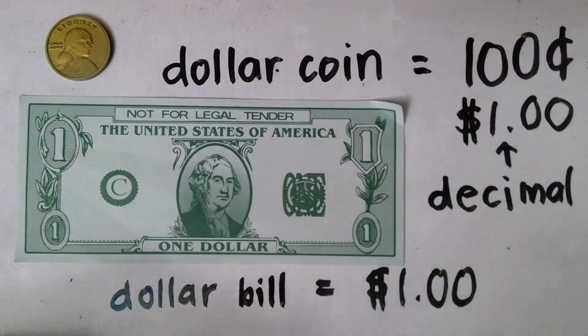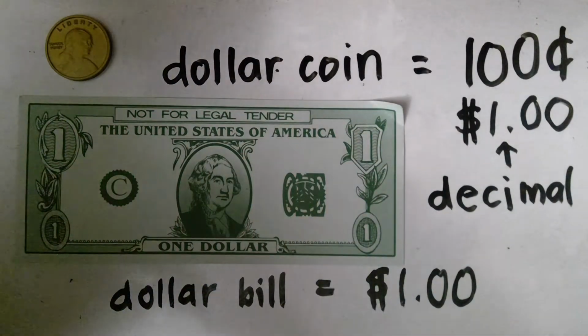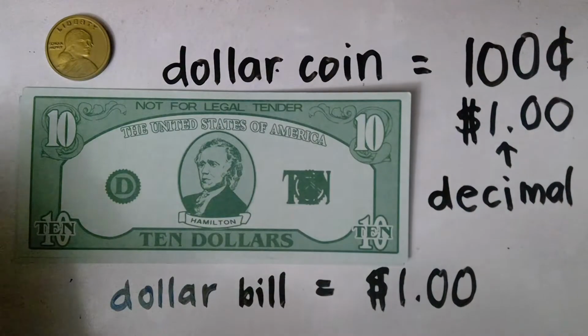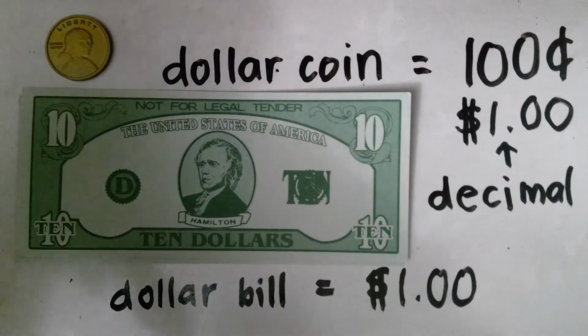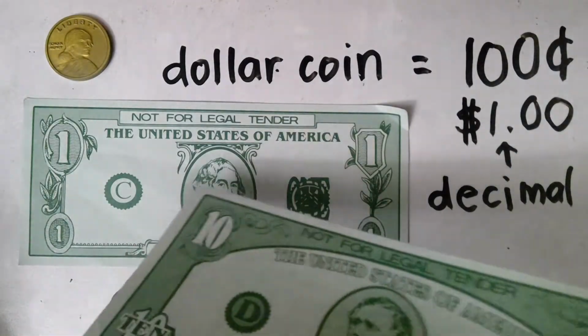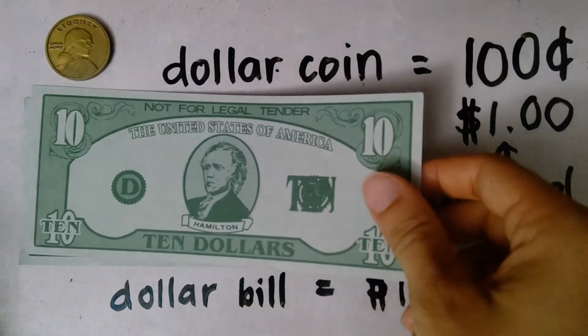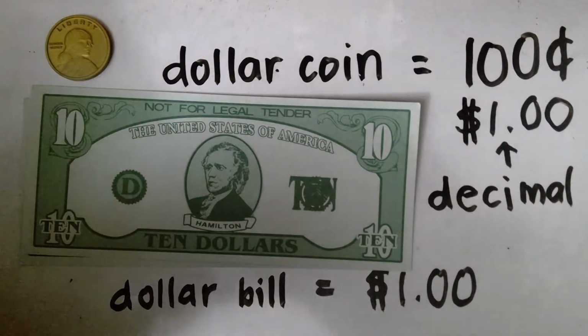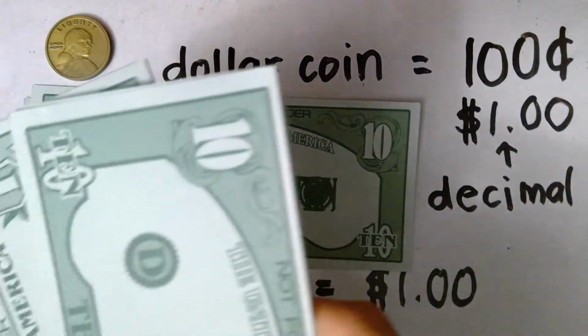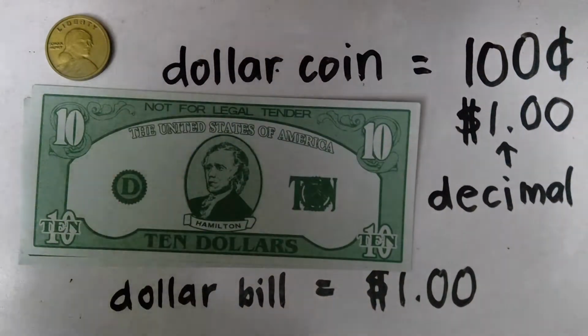So I have a $1 bill here. I have a $10 bill there. And I forgot to mention the presidents on the front. This again is George Washington. This is Alexander Hamilton. Then let me see, where else am I? Other money.